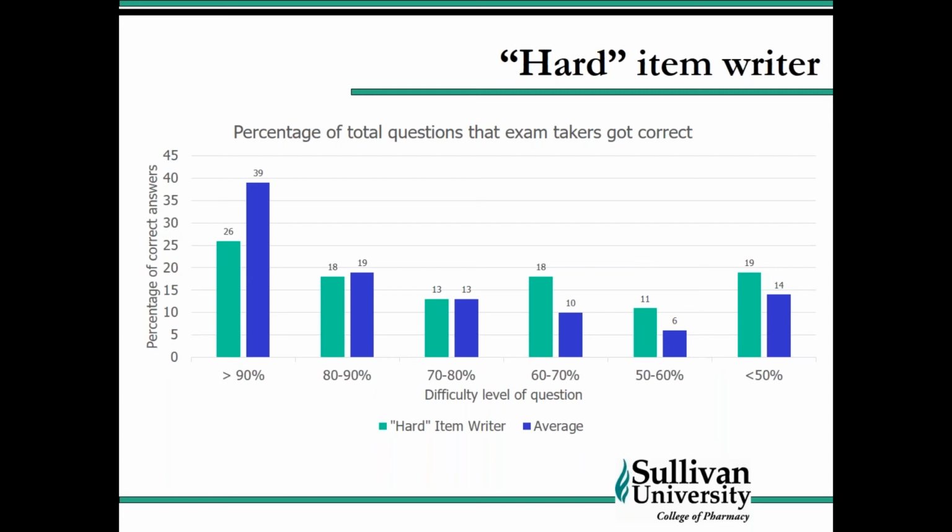If you notice, in the 0.9 and 0.8 and above, they have a smaller percentage of questions that fall in that range, and they have more that fall in the 0.6 and the 0.5. So they write harder questions. So what do I do with that as a faculty member, or as a department chair?